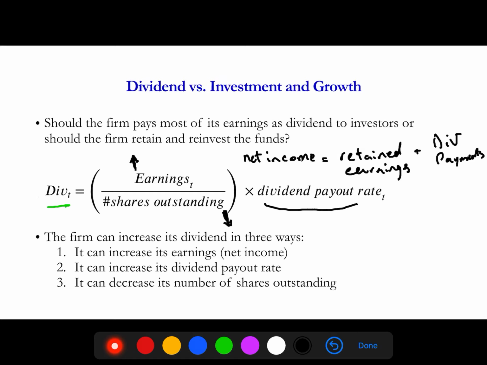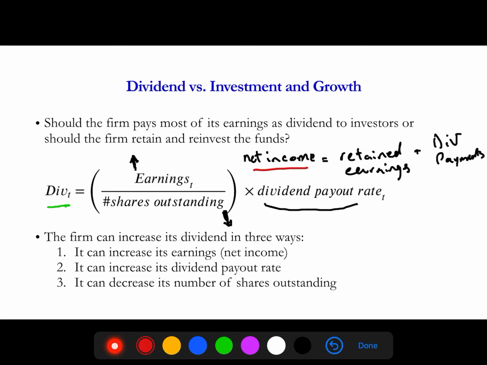Okay, so now our question is: should the firm pay most of its earnings as dividends, or should the firm retain and reinvest the funds? Again, here is the relationship between retained earnings and dividend payments. Net income equals retained earnings plus dividend payments.